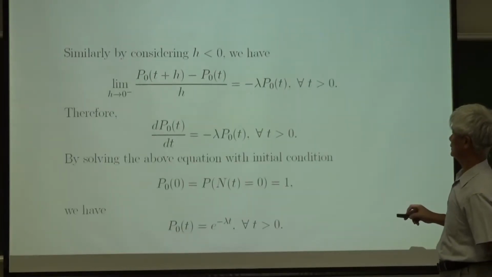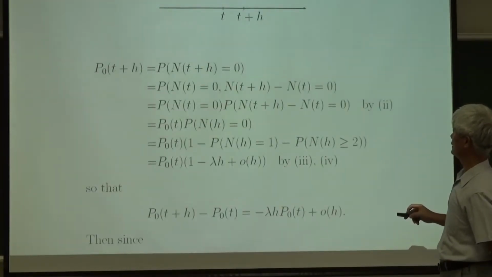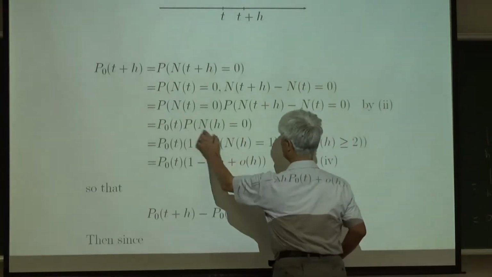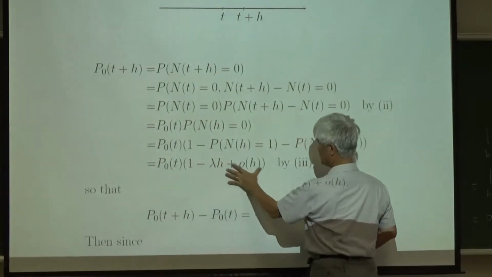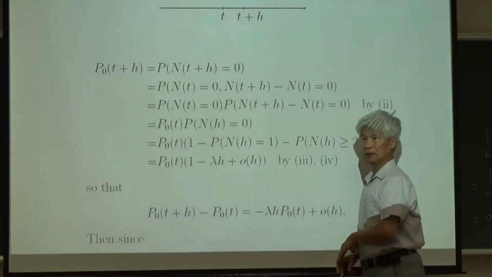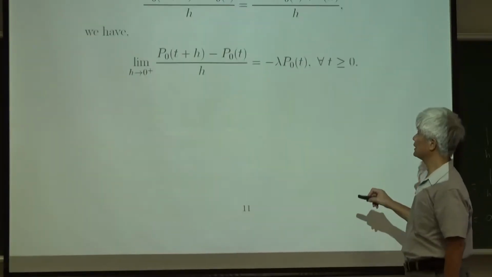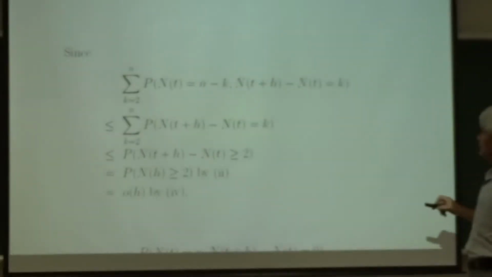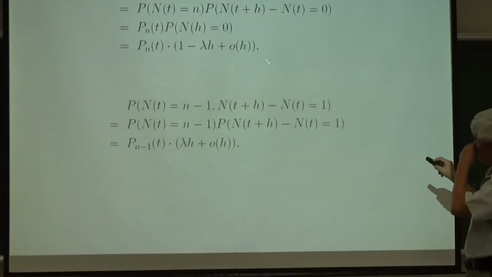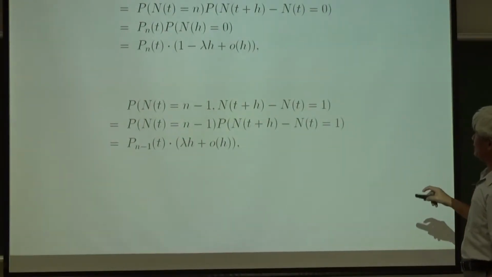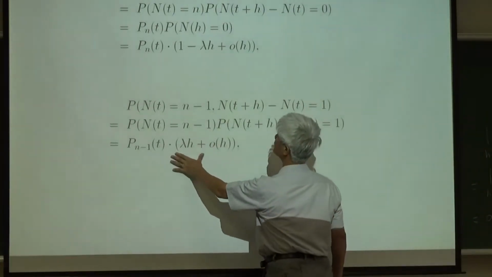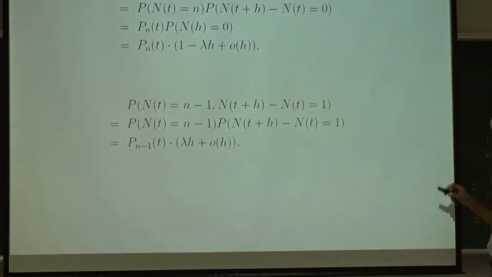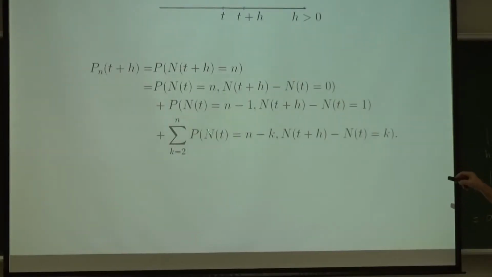Remember, we encountered the computation of this probability, and it is equal to 1 minus lambda h plus little o of h. We directly apply number 3, so this is lambda h plus o(h) here. So we know how to express these n plus 1 terms.